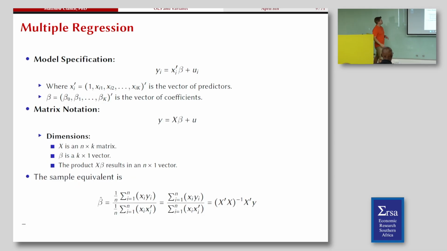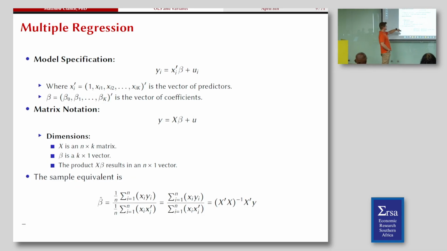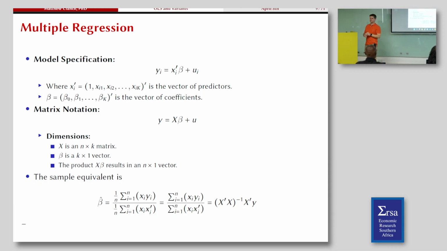Okay, so when it comes to multiple regression, we're still in the same sort of world, in the sense that we still specify our model. I'm just changing the notation a little bit for shorthand, in terms of matrix. Basically we have our vector of predictors here, and always remember that we have a constant as the first column.